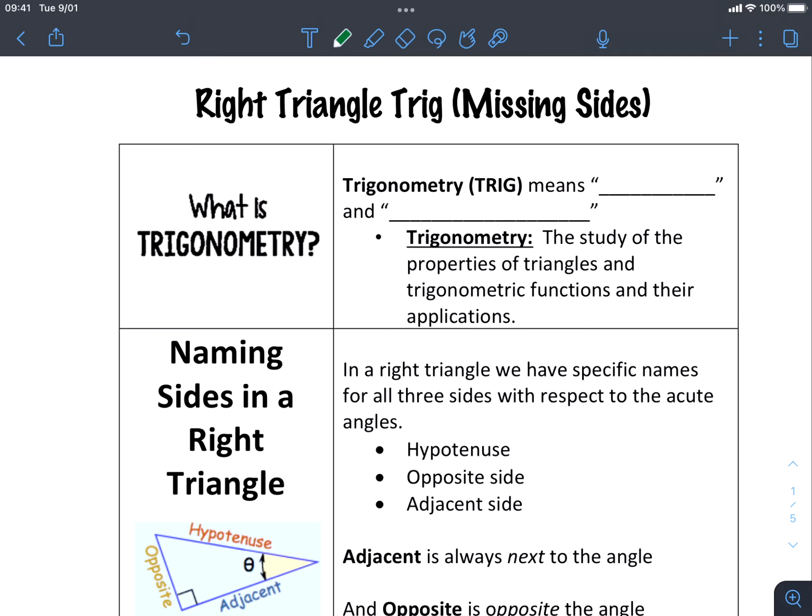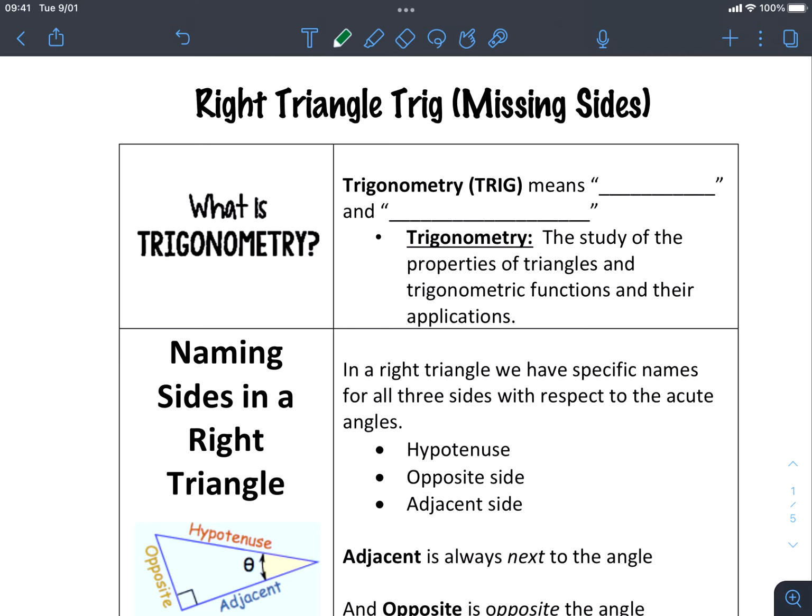We talked about finding the sides of right triangles when I can use the Pythagorean theorem, or I can use my special rules with my 45, 45, 90 or 30, 60, 90 triangles. But trig comes in handy when we only know information about the angles or the sides or a combination of the two. So let's jump in.